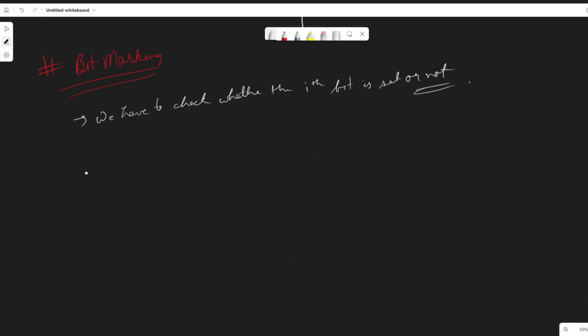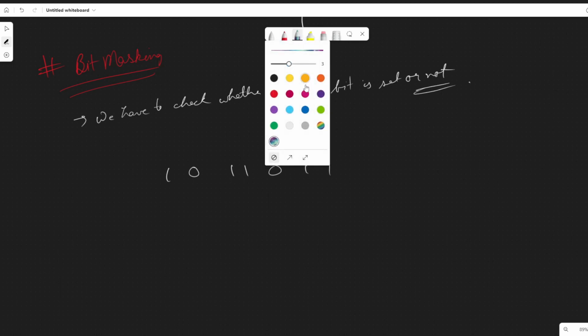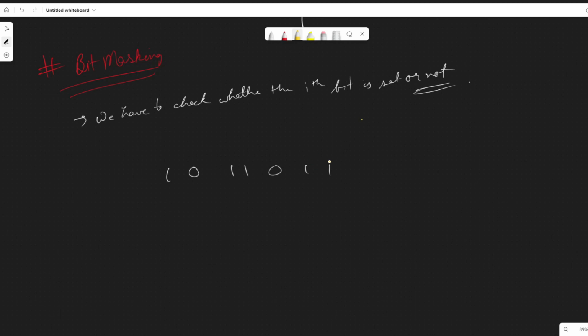Suppose we have a given number, let's say 1 0 1 1 0 1 1. Let's indicate from here, because this is the least significant bit, so we can start from here: 0 1 2 3 4 5 and 6.